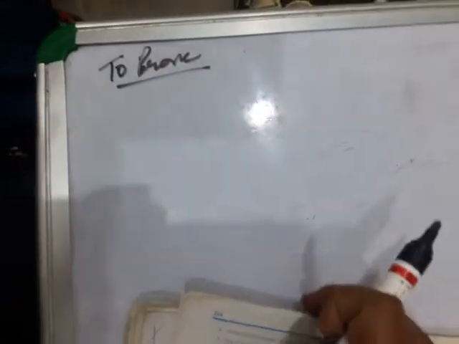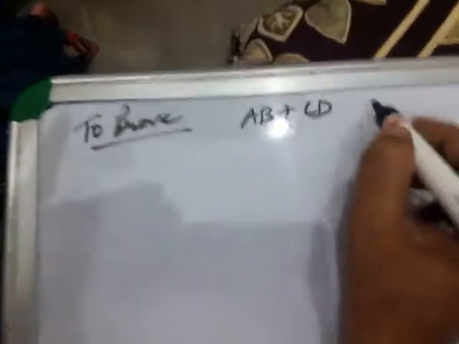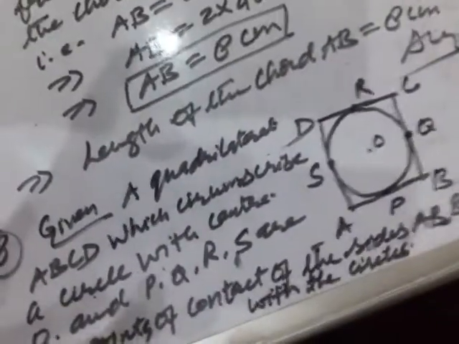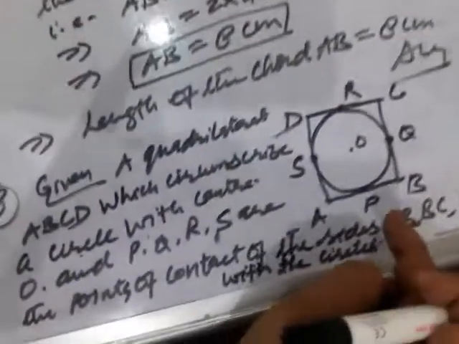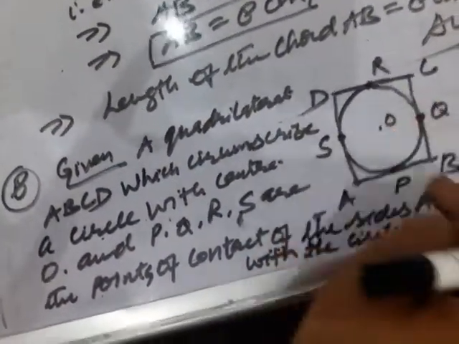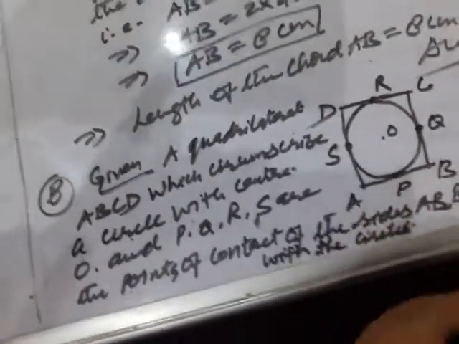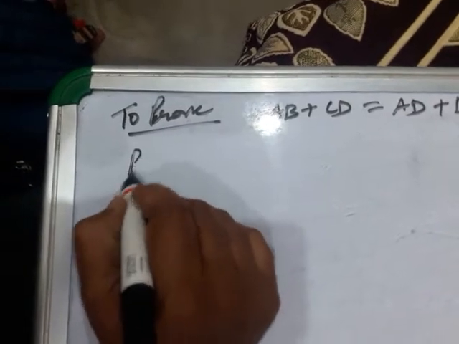We have to prove that AB plus CD equals AD plus BC. That means the sum of the opposite sides are the same. See the figure, AB plus DC equals AD plus BC. Okay, children, now let us start proving.